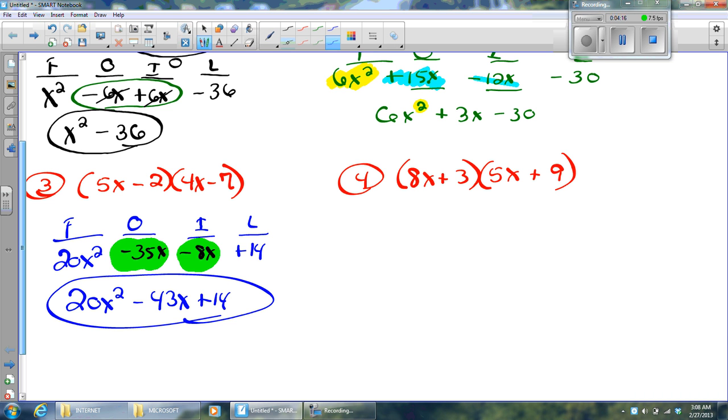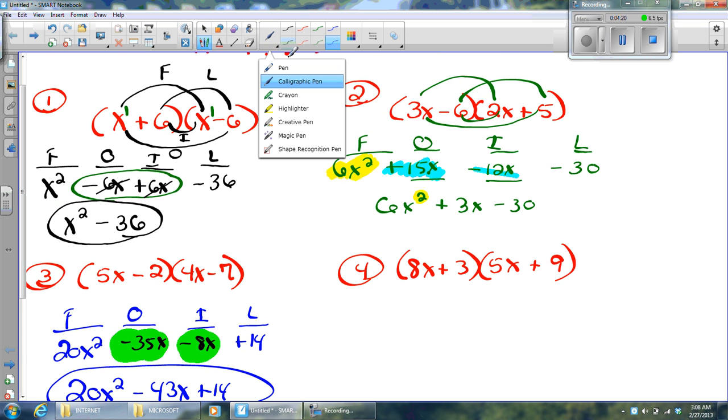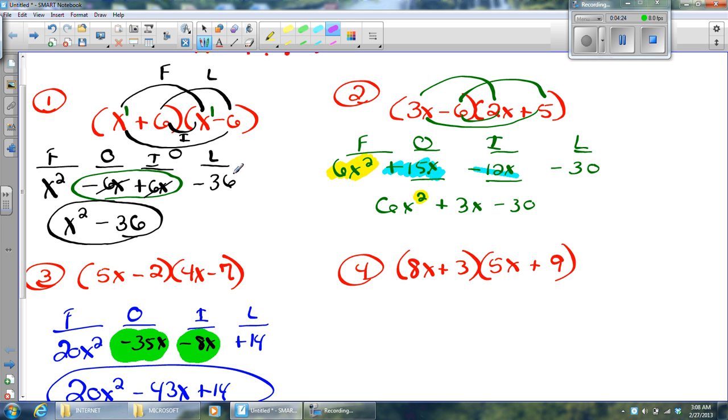All right. Hey, you know one thing I noticed here? Check this out. Right here. In this first one, I got a -36. On this last one, I got a -30. But on this one here, number 3, I got a +14. How come?